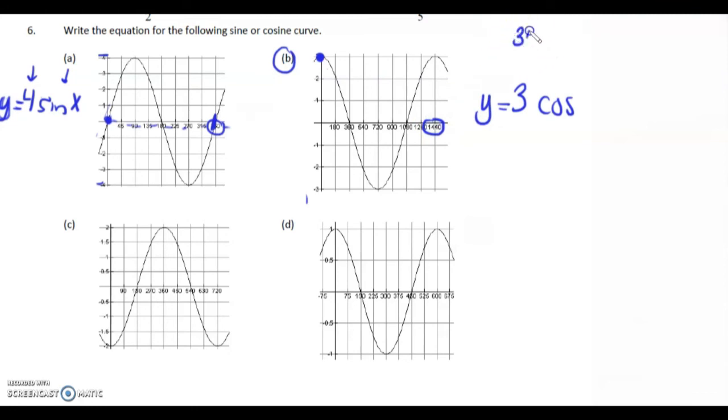So what did we have to divide 360 by to get 1440? 1440 divided by 360 is 4. So we would have had to divide 360 by a quarter. If we had a quarter here, this would mean a horizontal stretch, so we'd be multiplying it by 4.